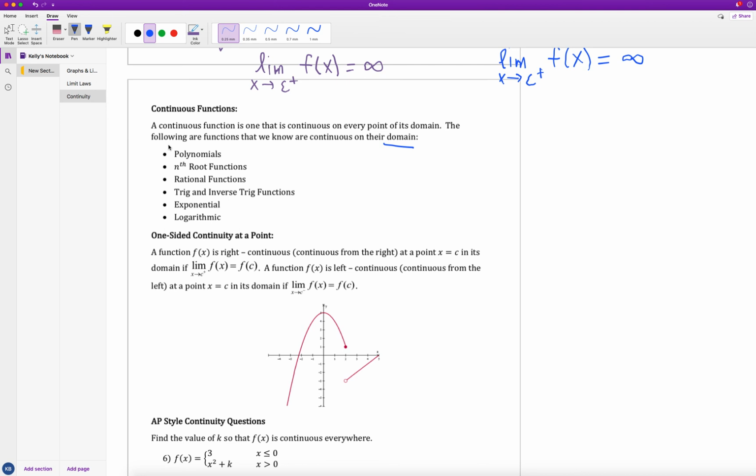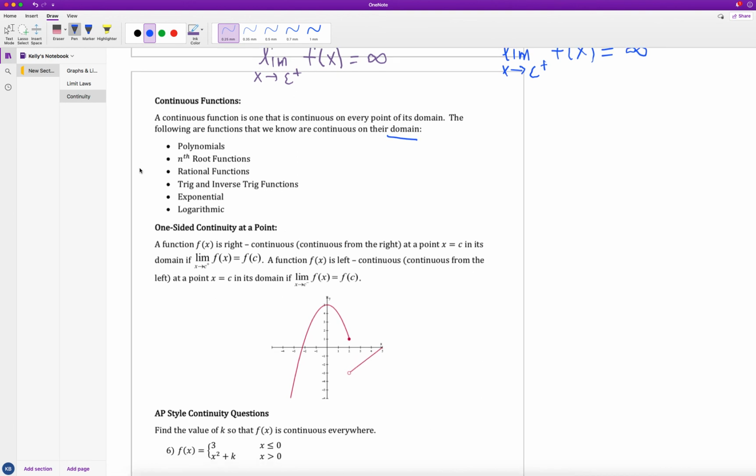So polynomial functions, which include a lot of things: linear functions, quadratics, cubics, fourth degree, fifth degree, and etc. All of those polynomial functions are continuous on their domain. So are nth root functions, rational functions on their domain, trig and inverse trig functions, exponentials, and logarithmic functions. We can assume that those are all continuous.